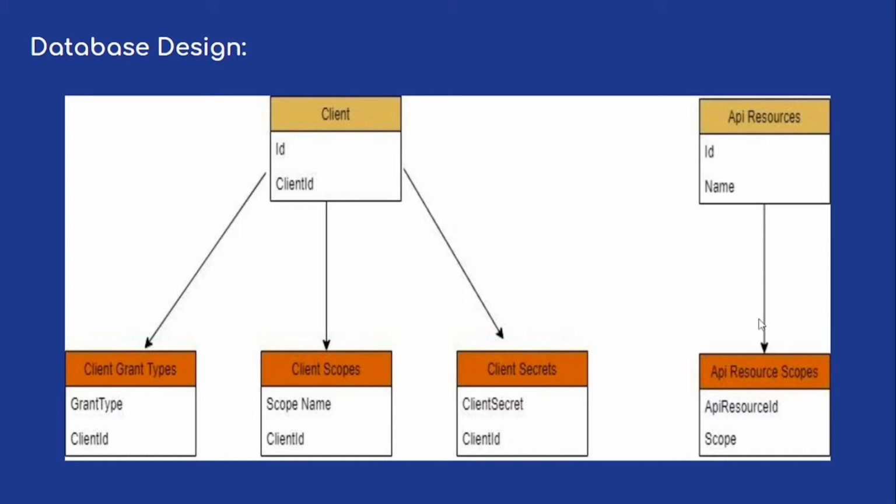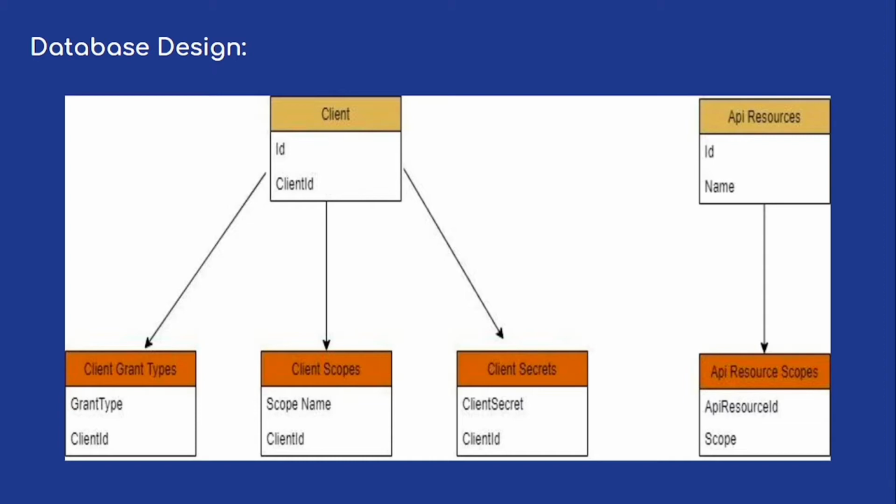Coming to this one, these are API resources. An API resource is the name of the particular API, and scope means permission on the API. The API resource can be used inside the API scopes like a namespace to separate the scopes.